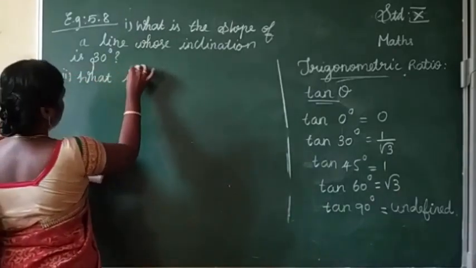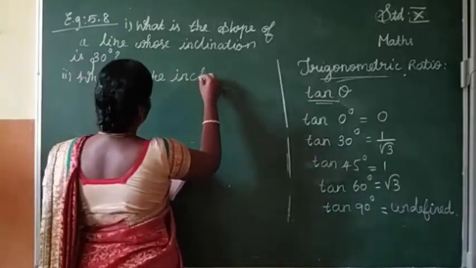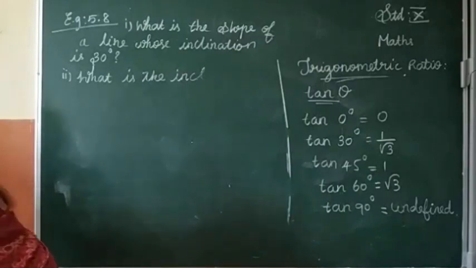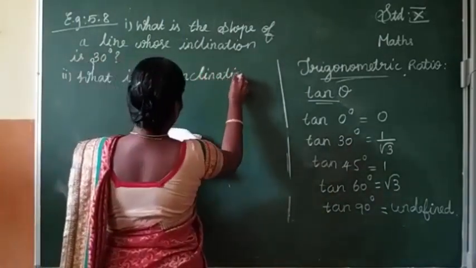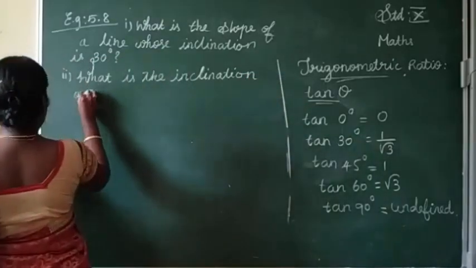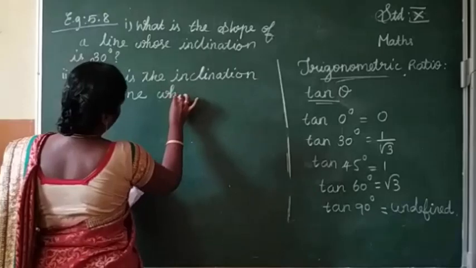Next case, what is the inclination of a line whose slope is √3?